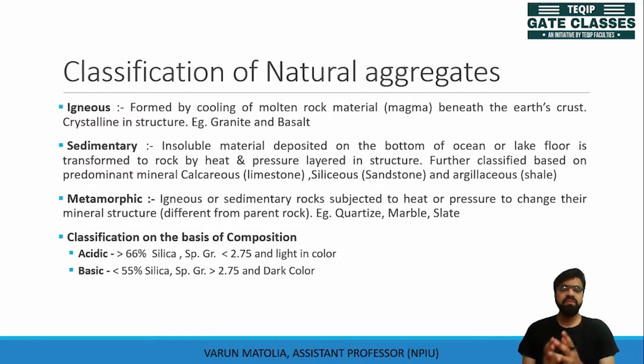For example, if the magma cools down below or near around 2 kilometers from the Earth's surface, then the rock formation will be known as hypabyssal. The best examples of igneous rocks are granite and basalt.